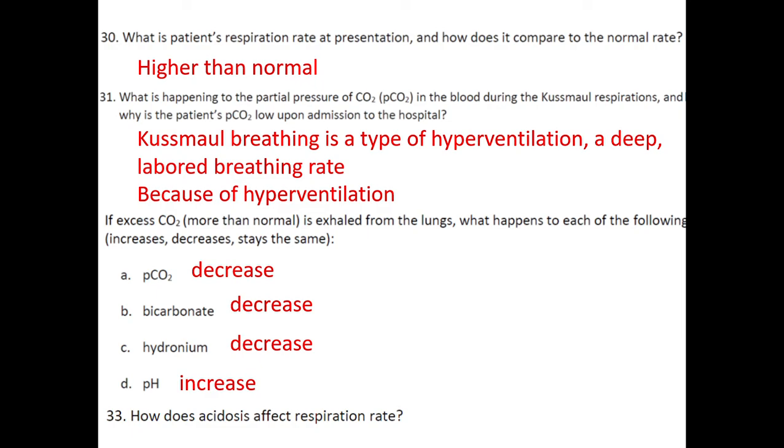By decreasing PCO2, by decreasing the level of CO2. How do we decrease the level of CO2? By increasing respiration rate. So how does acidosis affect the respiration rate? It will increase respiration rate. Again, this is the natural response of our system.